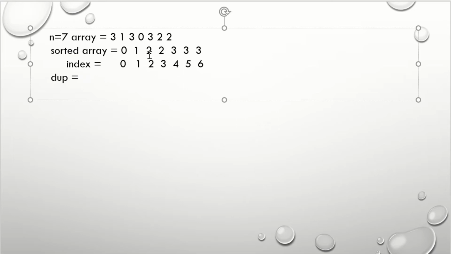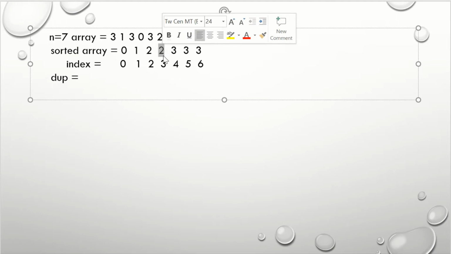Up to here it's okay, we have 2 and they are the same. And here we have 2, but the index is 3 and the value in the array at this index is 2, so we have a mismatch. So we will check this value with the previous value.